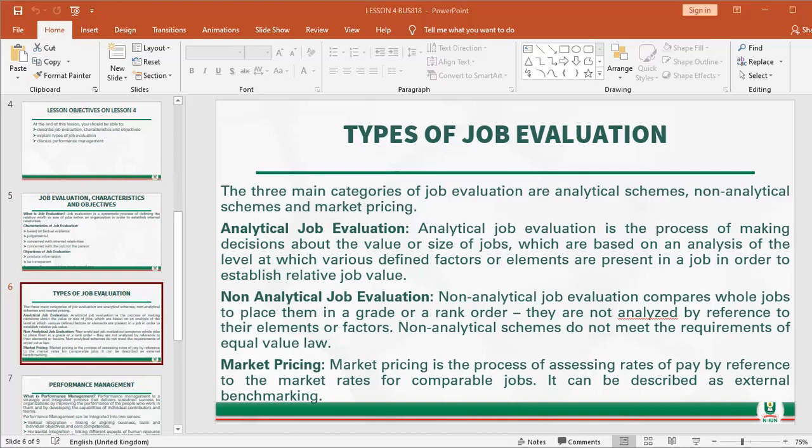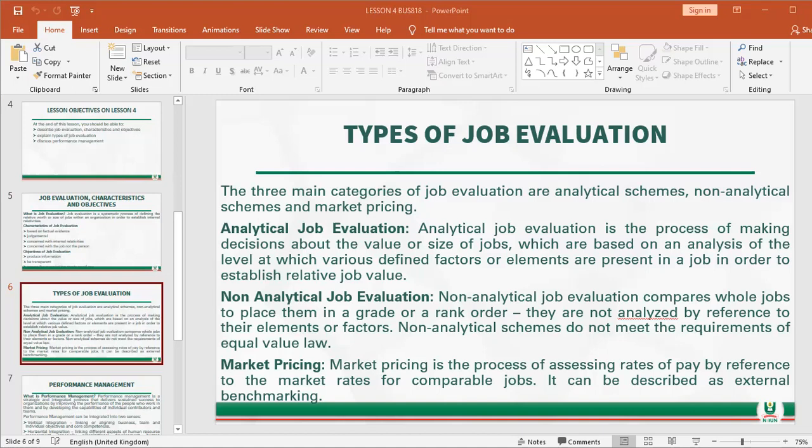So they say here that the two main types of analytical evaluation scheme are the point factor scheme and the analytical factor comparison scheme. Another variety of analytical scheme is factor comparison, but it is not used except by independent experts in equal pay cases and as a base for the Hay guide charts.